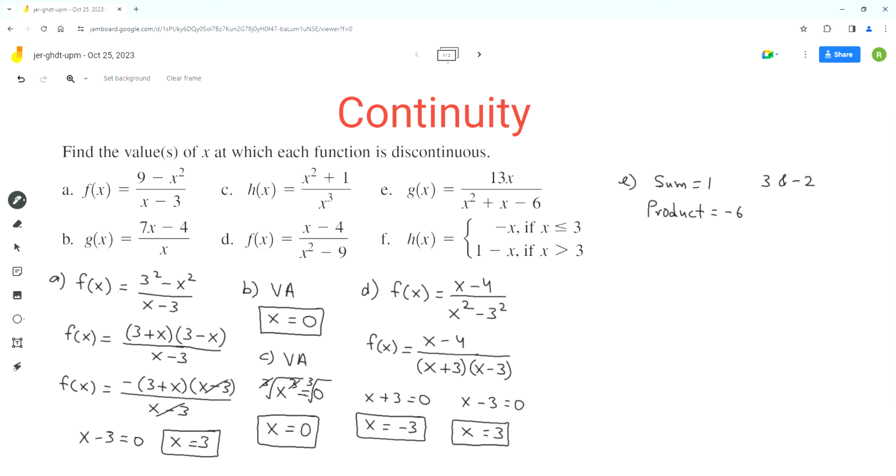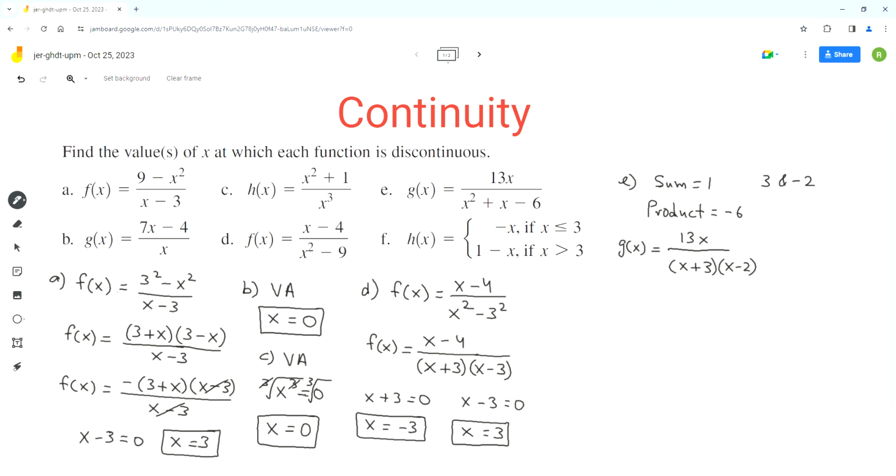So we can rewrite this function as g of x equals 13x over x plus 3 times x minus 2. Now we cannot cancel out any of the factors in the denominator, so this function has two vertical asymptotes.